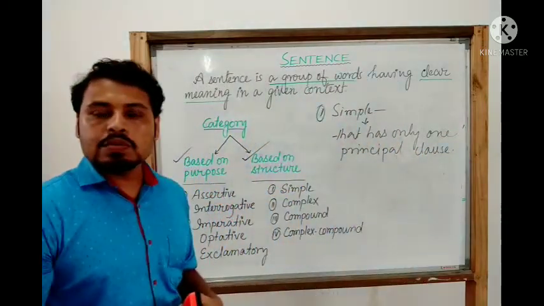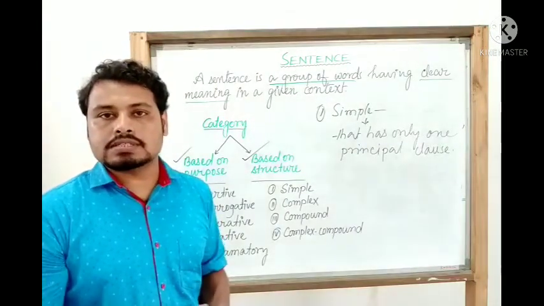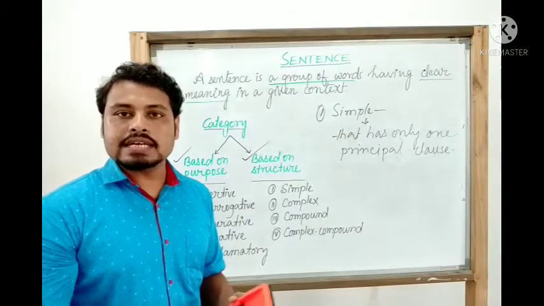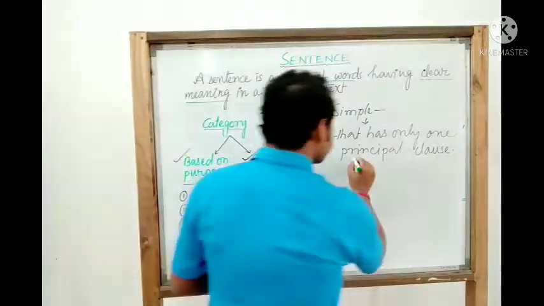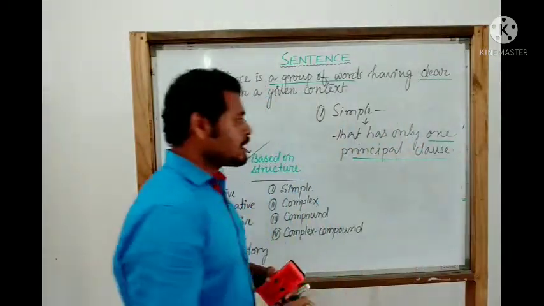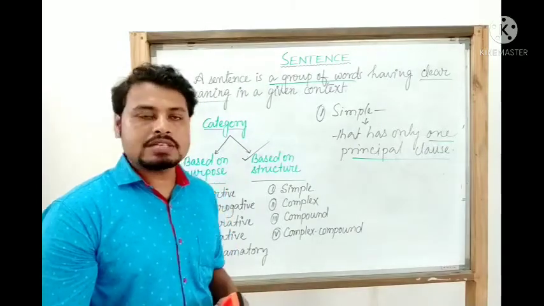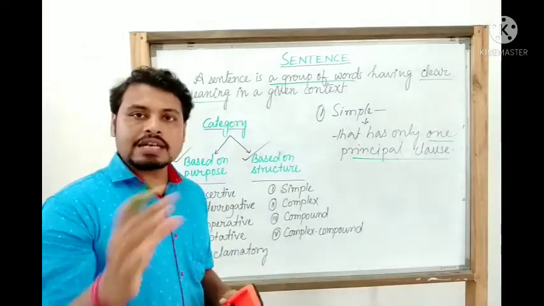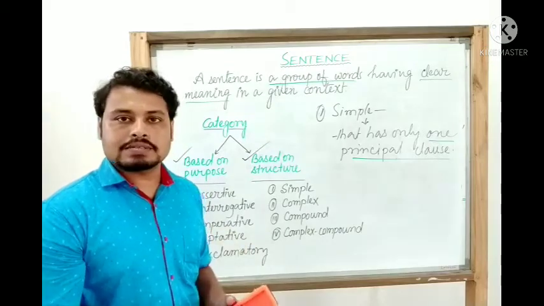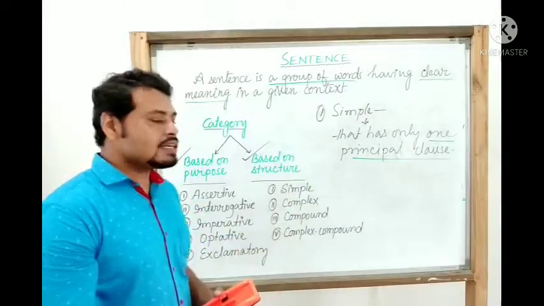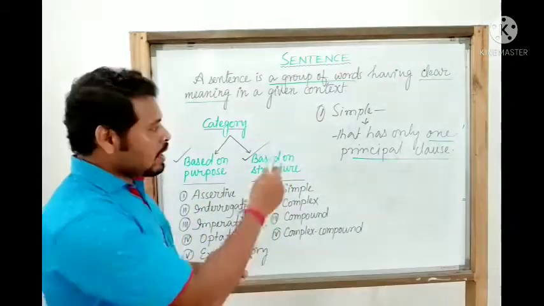So a simple sentence is a sentence that has only one principal clause. Now, I have made another video with a detailed discussion of clauses. There you would get detailed discussion of all the clauses.